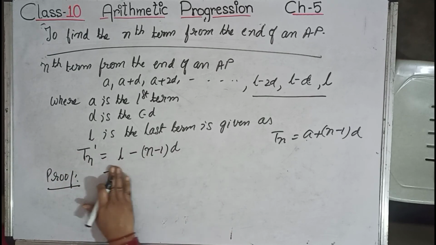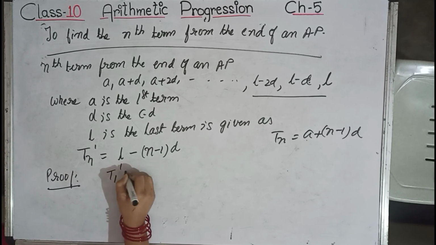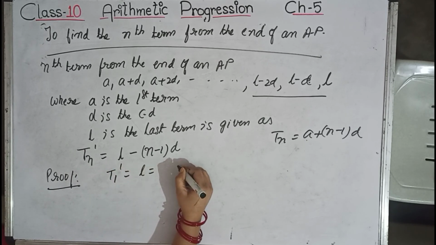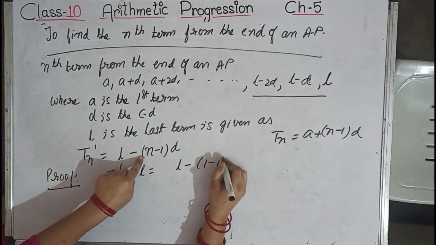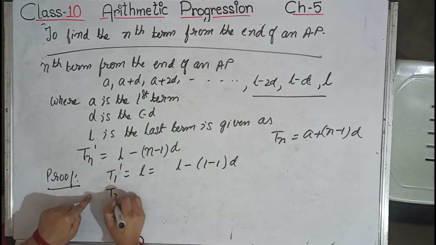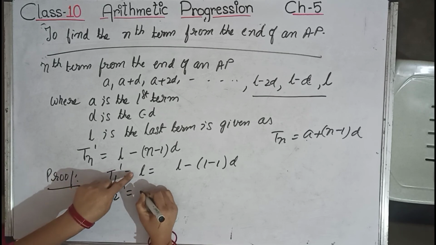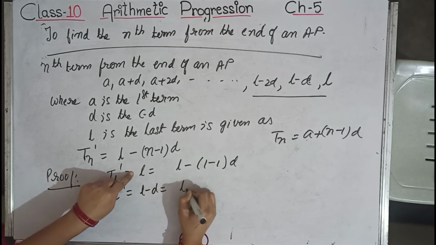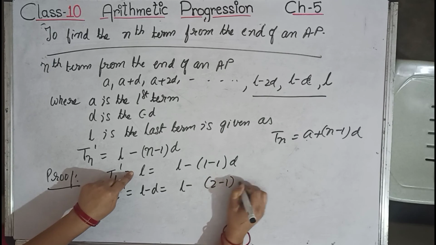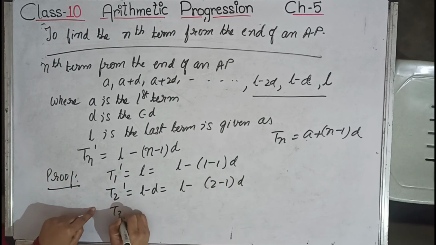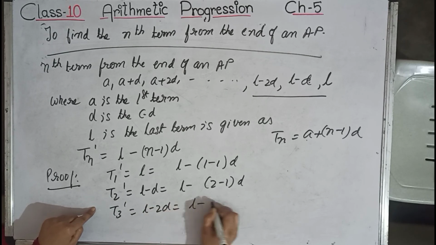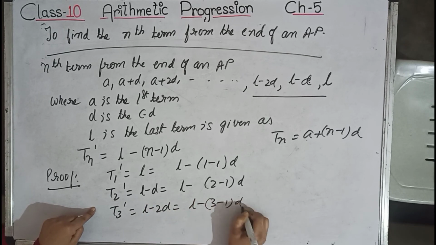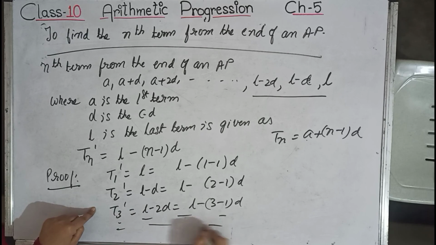So from the last, T1 dash equals L minus, remember the formula, L minus 1 into D. T2 dash equals L minus D, which equals L minus of 2 minus 1 into D. T3 dash equals L minus 2D, which equals L minus of 3 minus 1 into D, and so on.